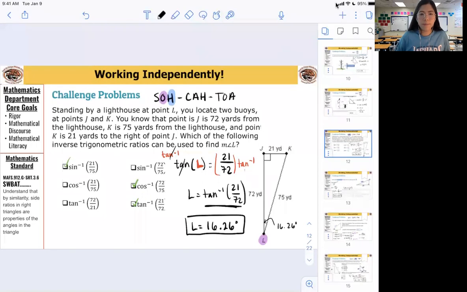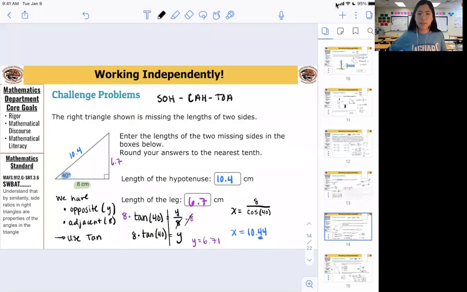Any questions on this one? No? Okay. Number 14, got 10.4 and then 6.7. Any questions on that one? Perla, Janelle, all good? Okay.